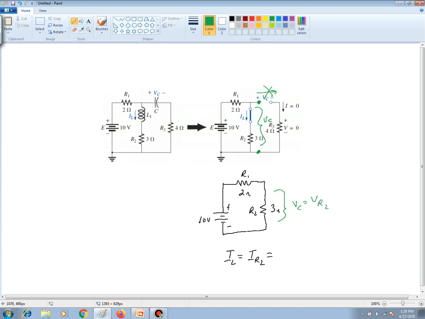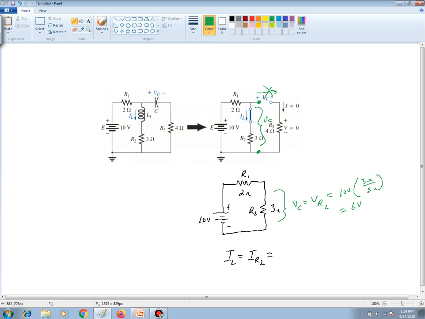Now solving for the voltage across R2, we can use the voltage divider rule, which says that 10 volts times 3 ohms over 5 ohms will give us the voltage, and that is equal to 6 volts.